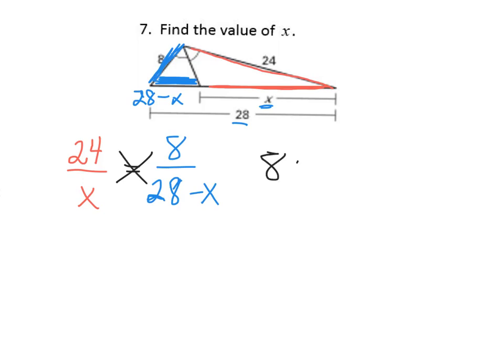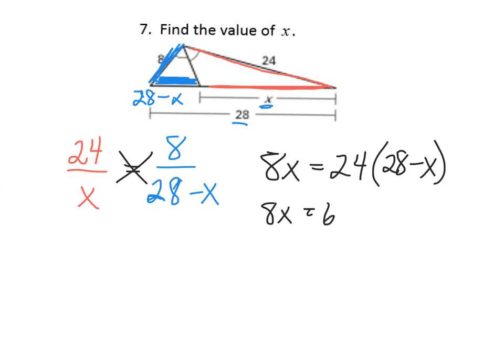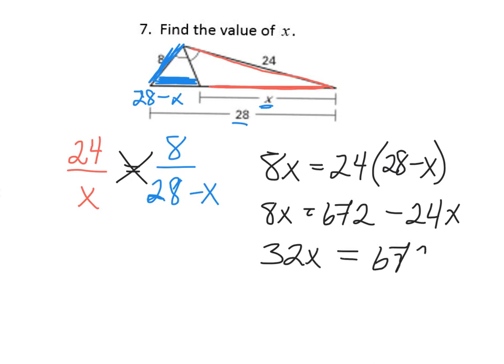So I'm going to end up with 8x equals 24 times 28 minus x. So I end up with 8x equals 672 minus 24x. I'm going to end up with 32x equals 672.